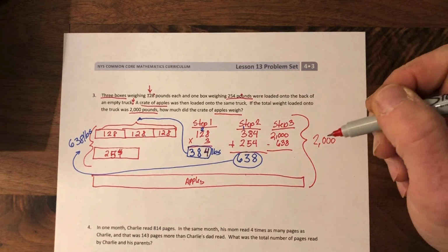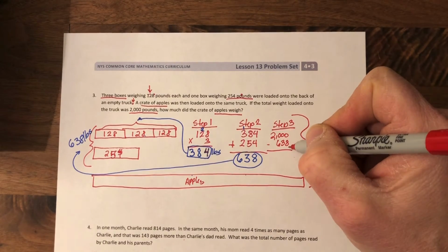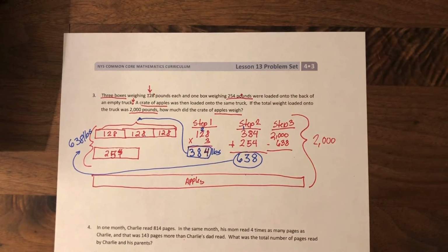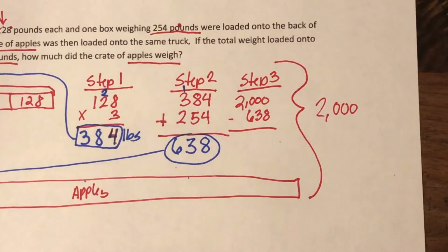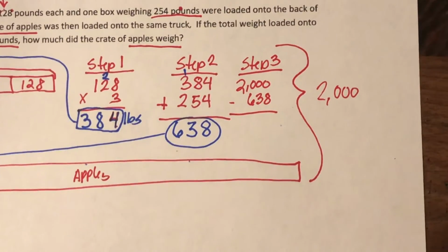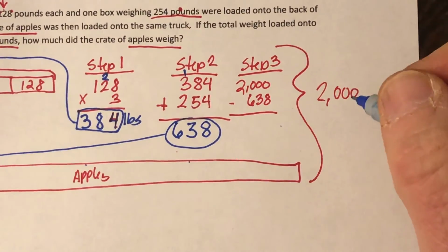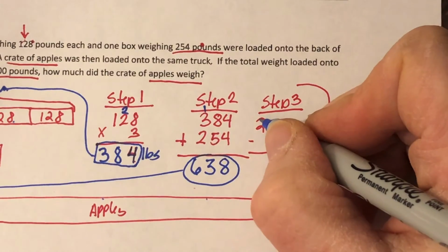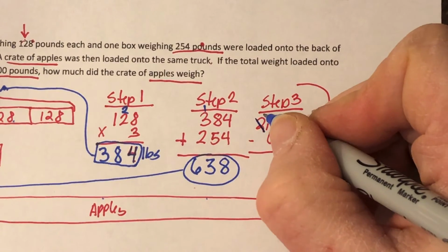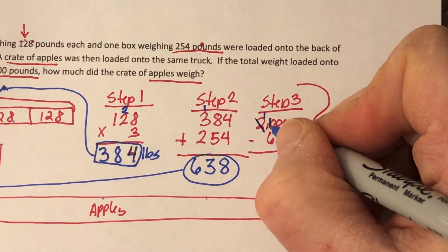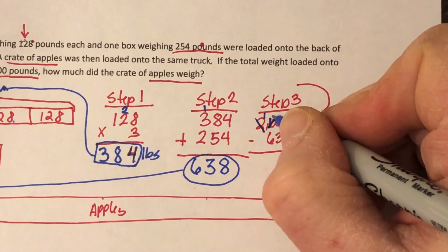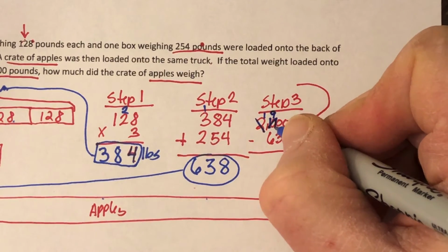All right, so I got 2,000 minus 638. So what I'm gonna do is see 0 minus 8, can't do. Let's borrow from the tens. Oh boy, I can't do that either, okay? So let me borrow from the hundreds. Can't do that either. All right, so what I'm gonna do is borrow from the 2. So I'm gonna borrow 1, leave 1. Make the hundreds into 10. Cross that out, make it a 9. Make the 10 into 10.